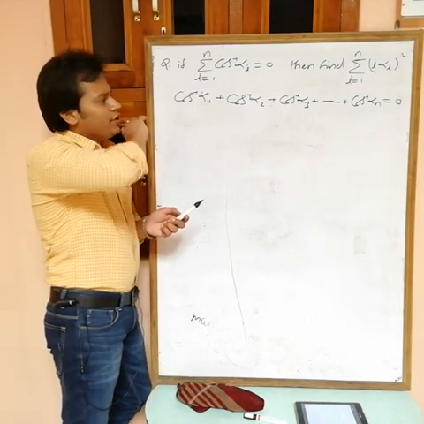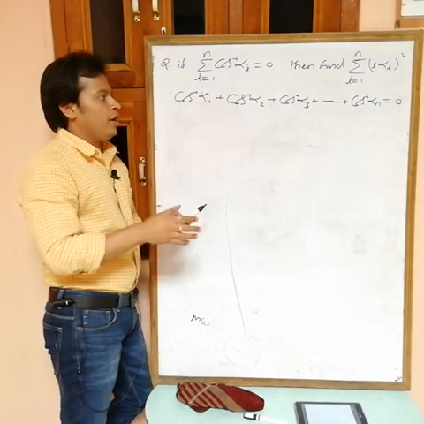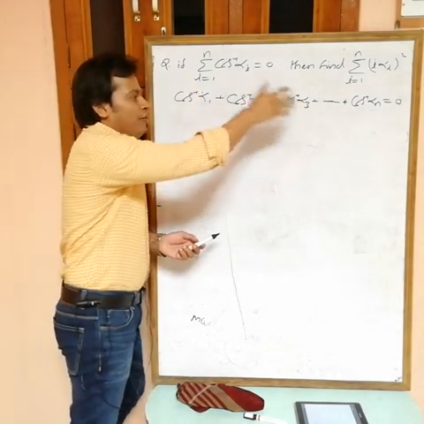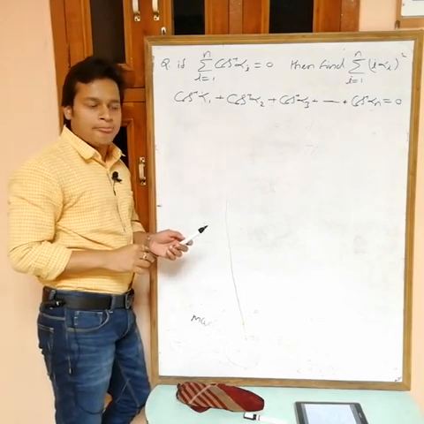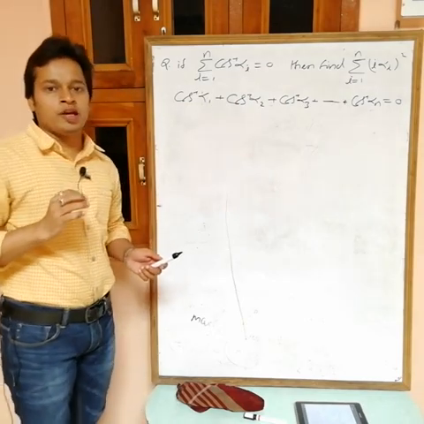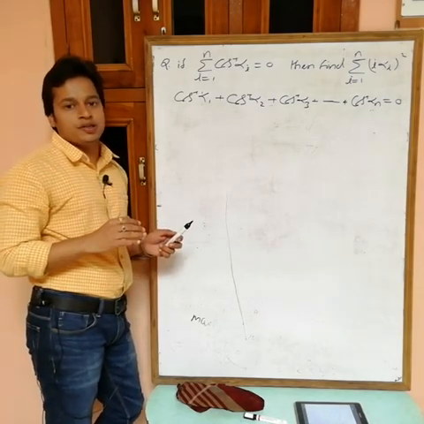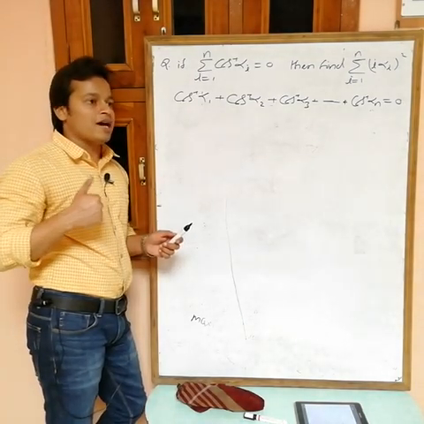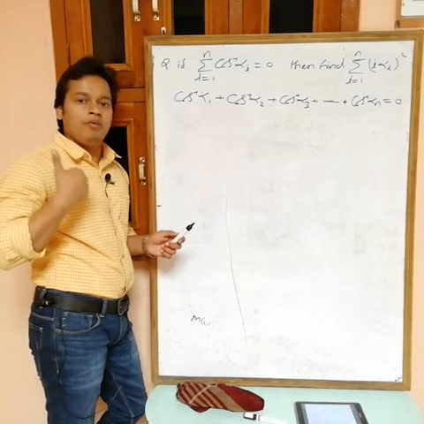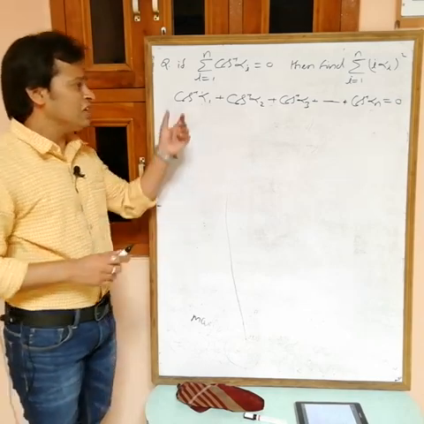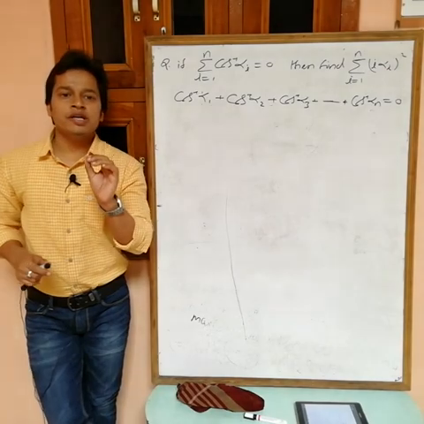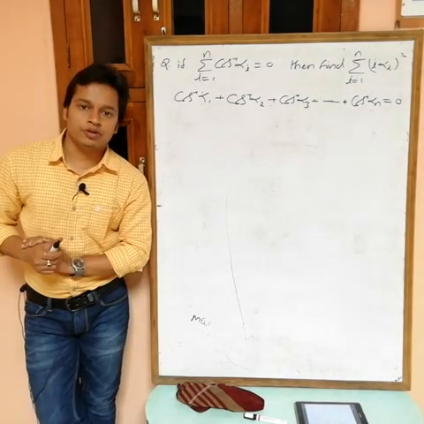Now, it is given that this sum is equal to 0 and we want all values of alpha 1, alpha 2, alpha 3, alpha n. If you have only one equation and more than one variable, this must be a boundary condition, meaning either we take the minimum value or the maximum value. Now we know that cos inverse is always greater than or equal to 0.